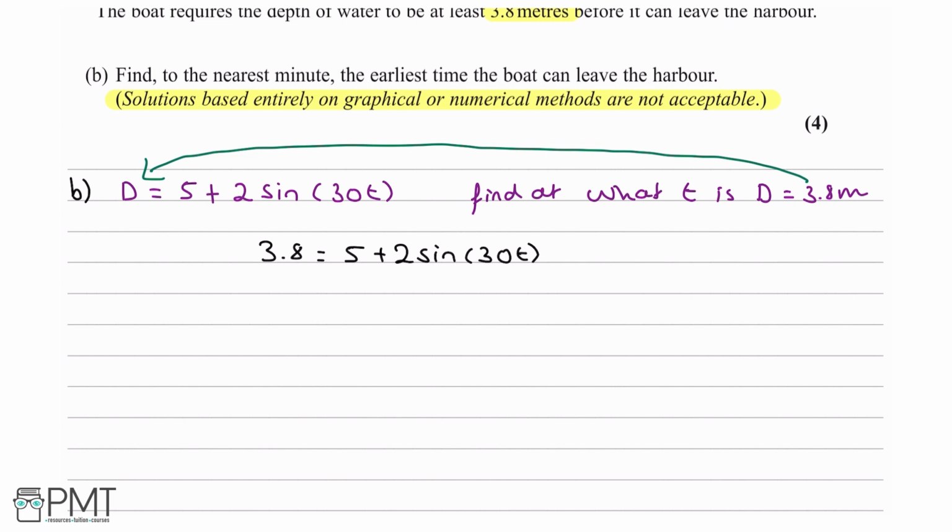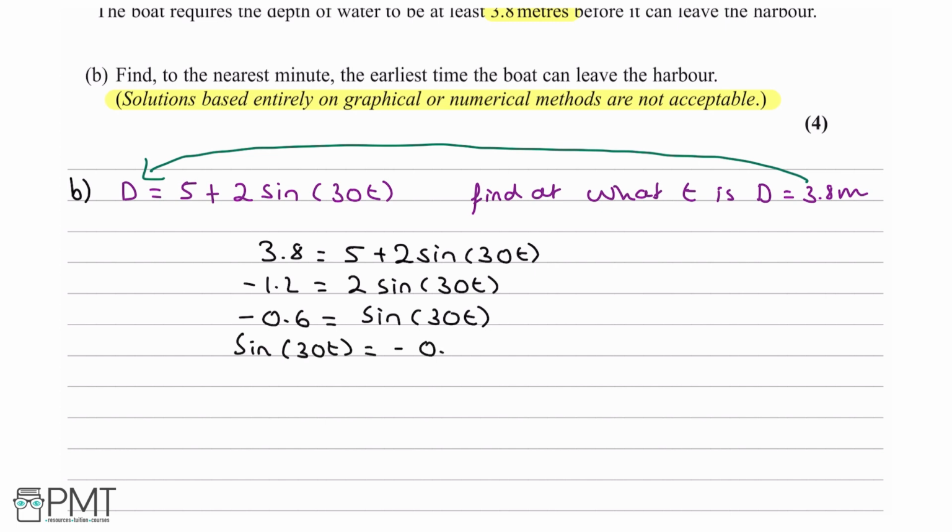So we're going to have 3.8 minus 5 is minus 1.2 equals 2 sine 30t. I'm going to divide both sides by 2, so you have minus 0.6 equals sine 30t. I'm going to flip these around, so we have sine 30t equals minus 0.6.